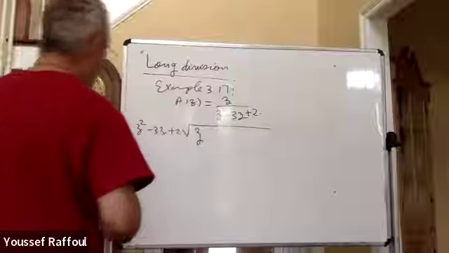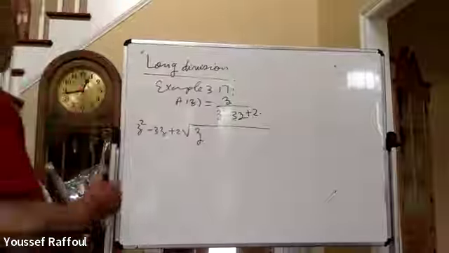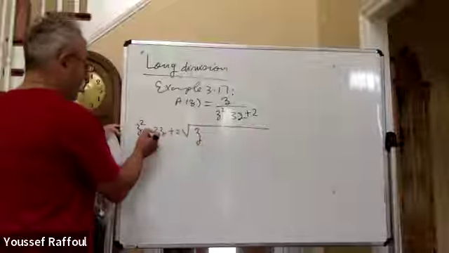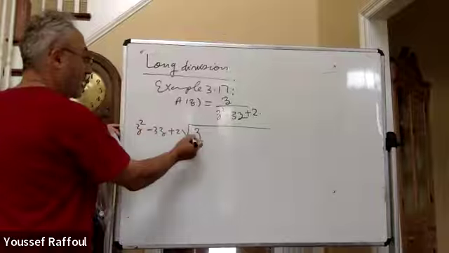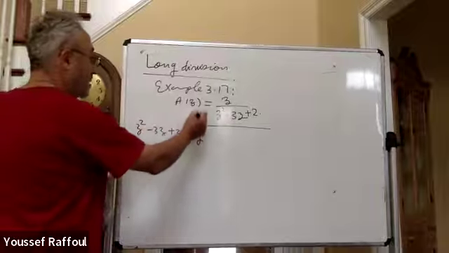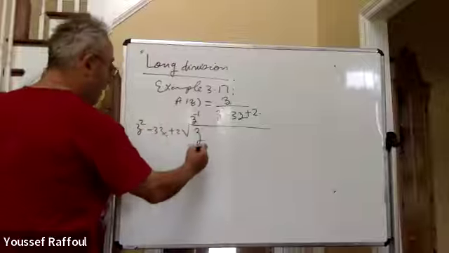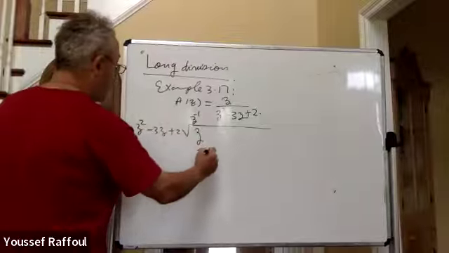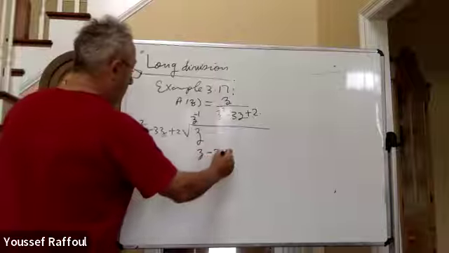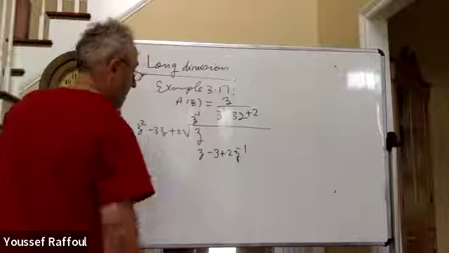Now we need something to multiply z squared with that will give us z. So that will be z to the power negative 1. You multiply this out and you will get z minus 3 plus 2z to the minus 1.